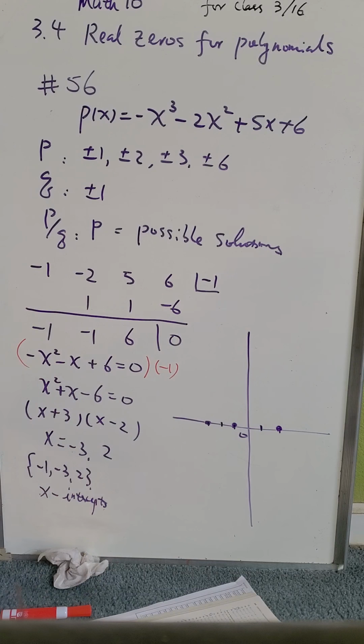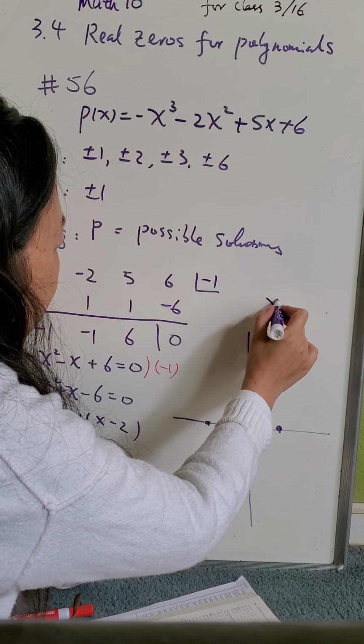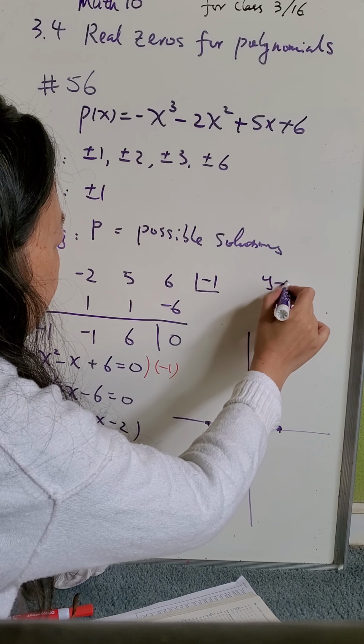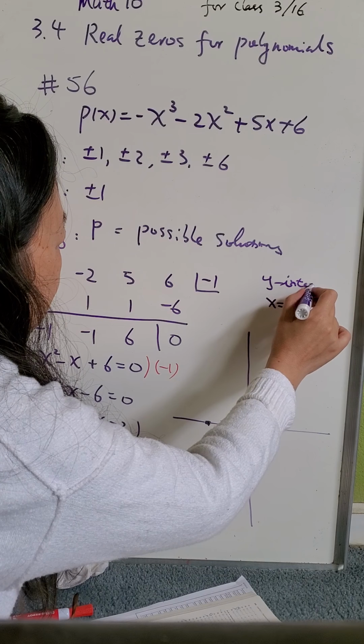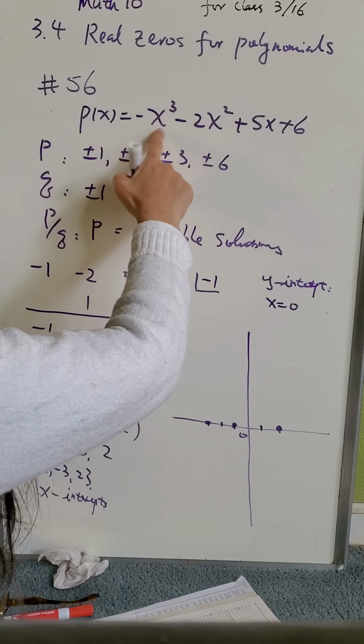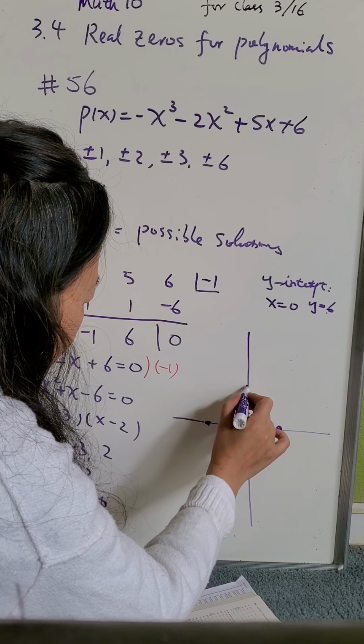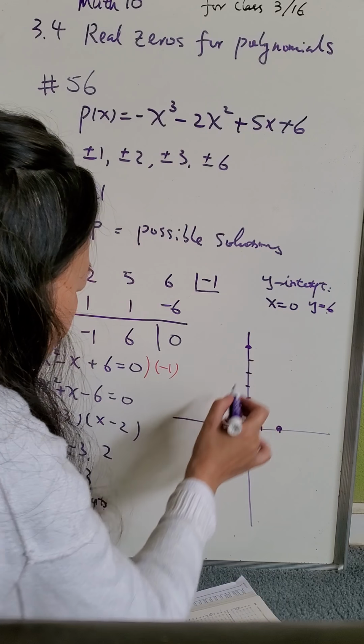And then I'm going to get a y-intercept also. The y-intercept is when x equals 0. When x equals 0, then your y is equal to 6. So 1, 2, 3, 4, 5, 6 here.